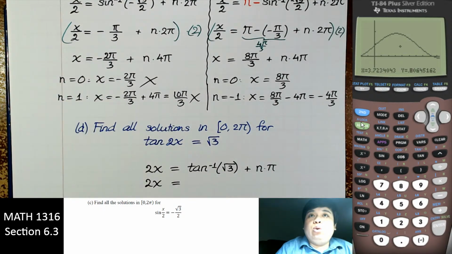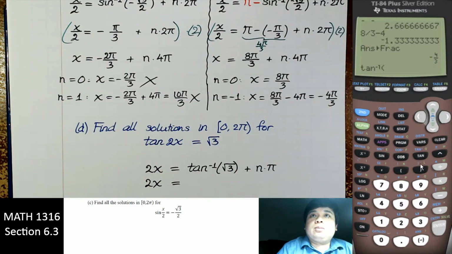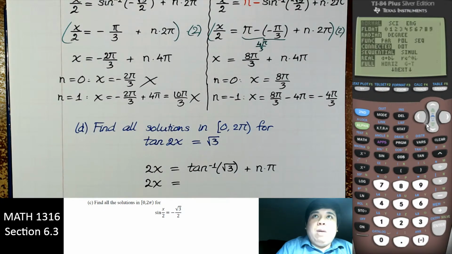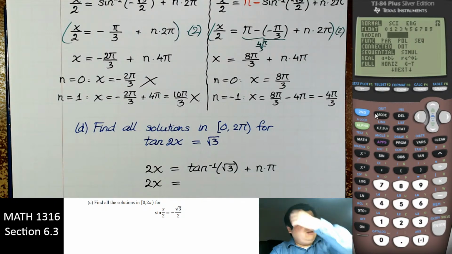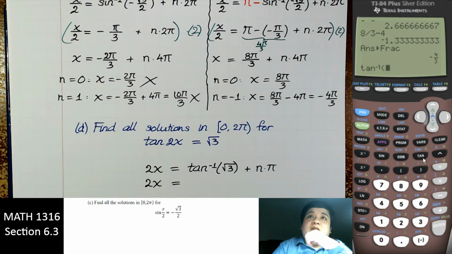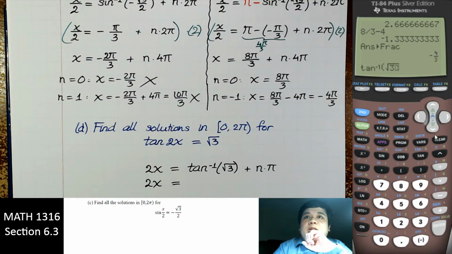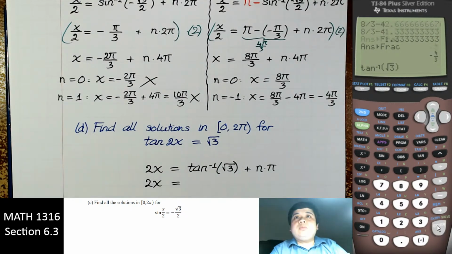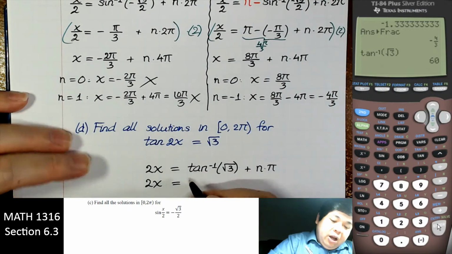Tangent inverse of square root of 3. Have to go back to degrees. Tangent inverse of square root of 3 is 60 degrees, pi over 3.